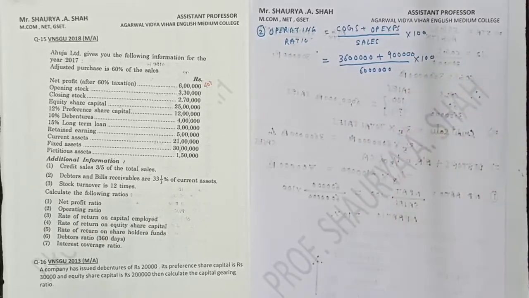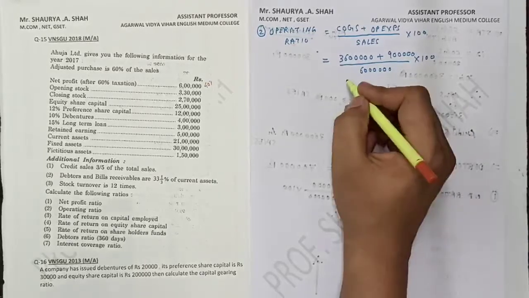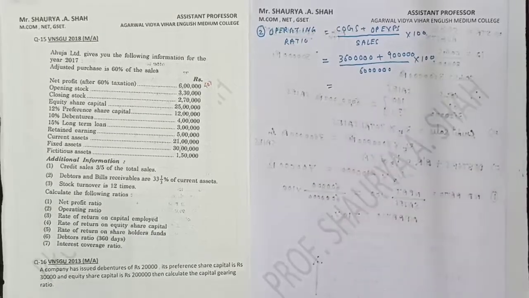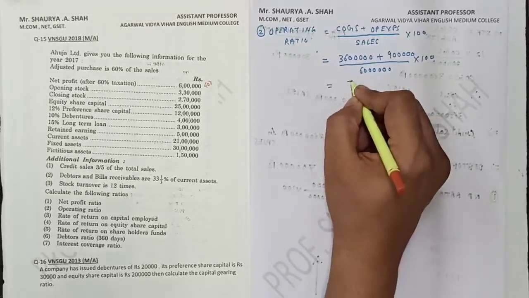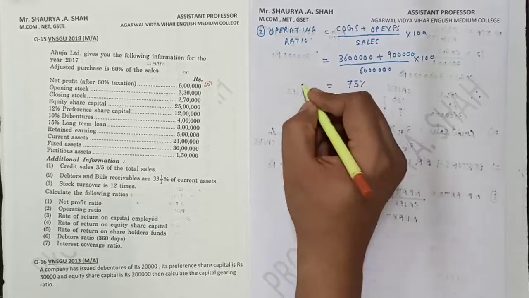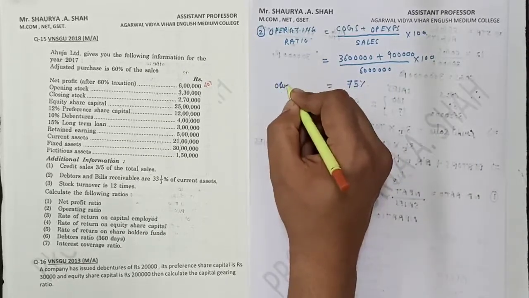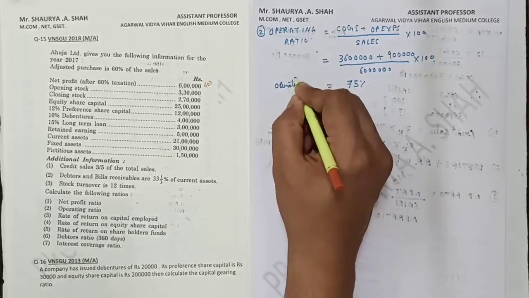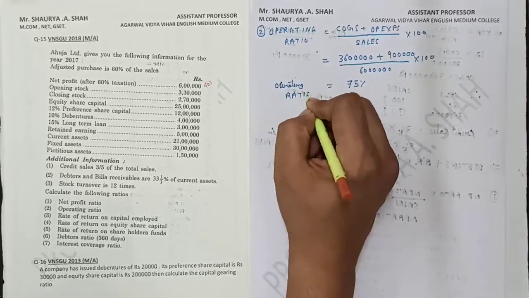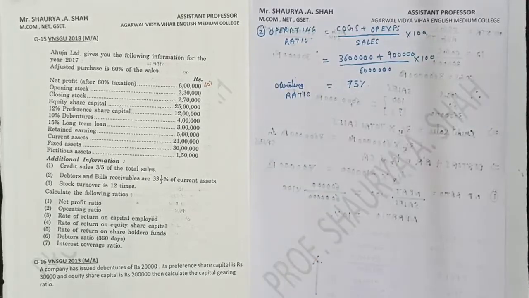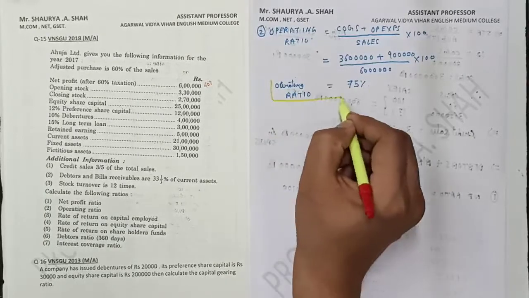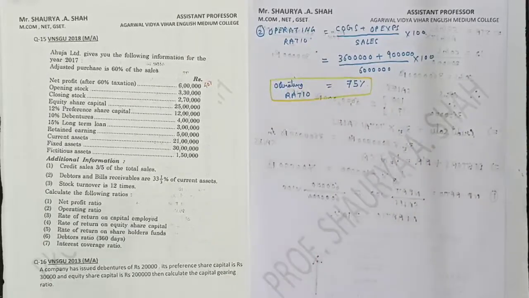So when you solve this, you will get 45 lakh upon 60 lakh into 100, that is equals to 75%. That is my operating ratio. Operating ratio is equals to 75%. Hope it's clear to each and every student.